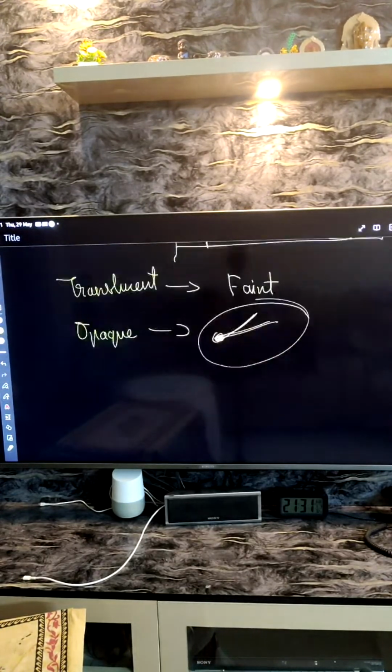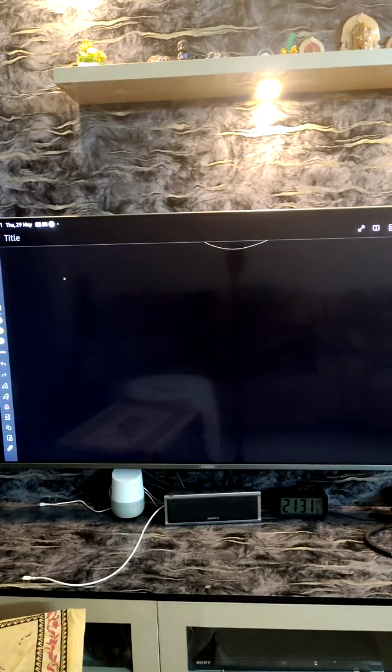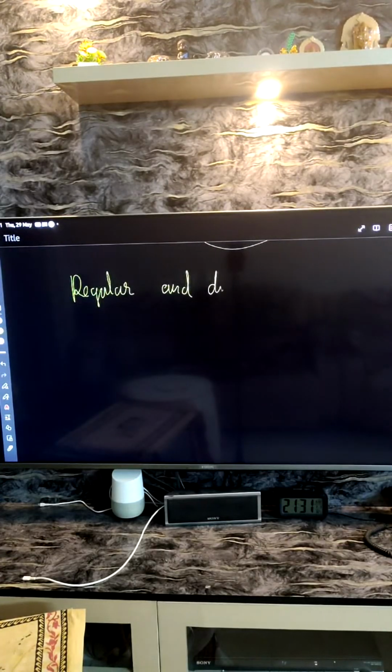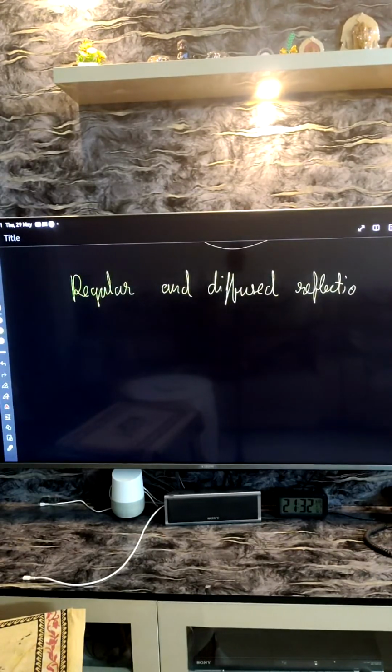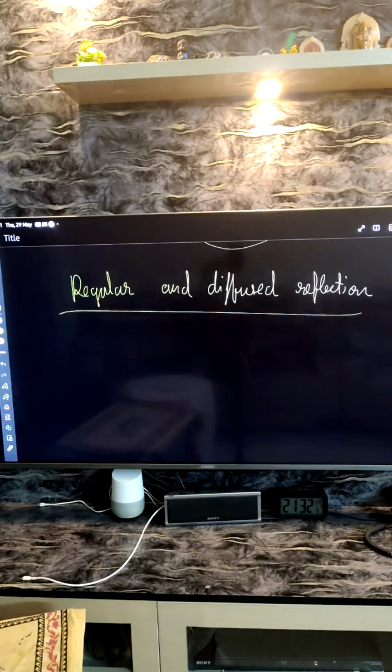Now, after we're done with opaque, let us move on to regular and diffuse reflection. So, what do you mean by regular and diffuse reflection?